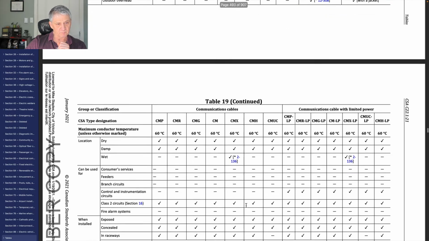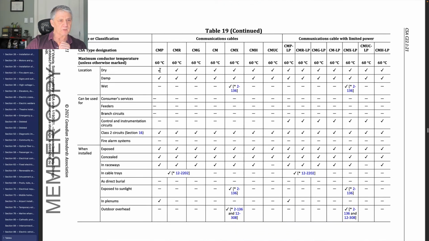Communication cables. So CMP, CMR, 60 degrees C, dry, damp. Can't be used for branch circuits. Can be used for class 2. Exposed and concealed, you can put it in a raceway. You can put it in plenums, if it has the appropriate FT rating, of course.